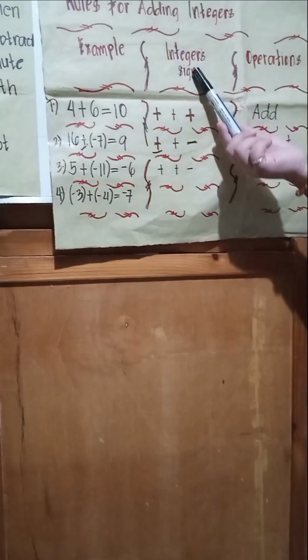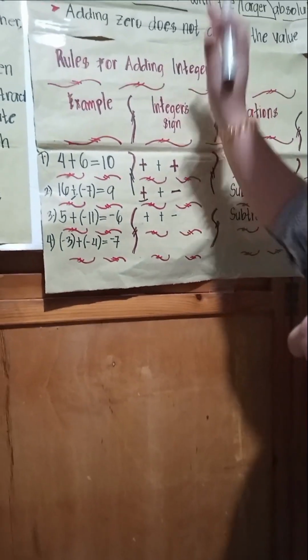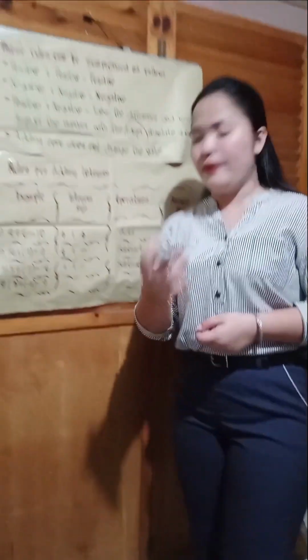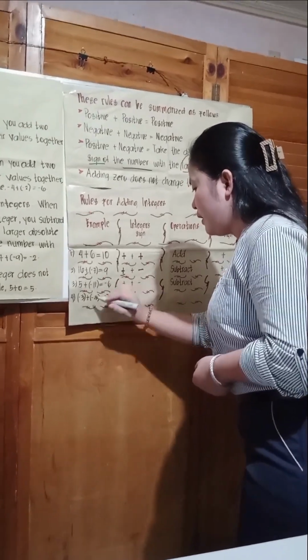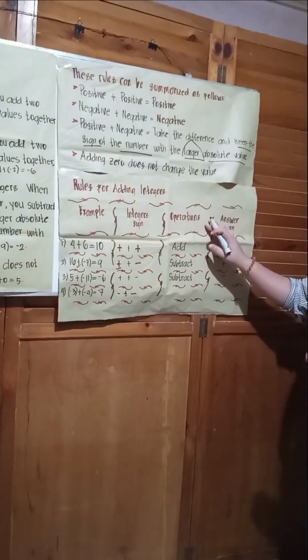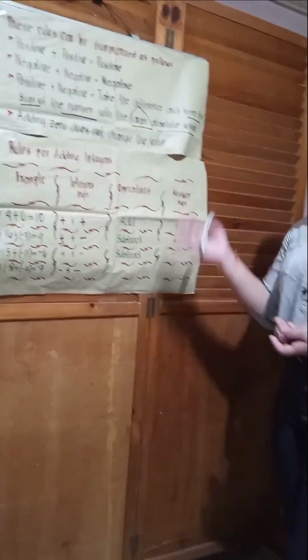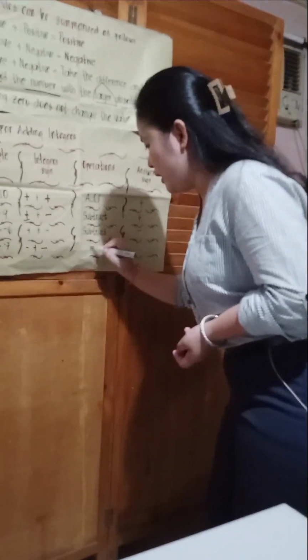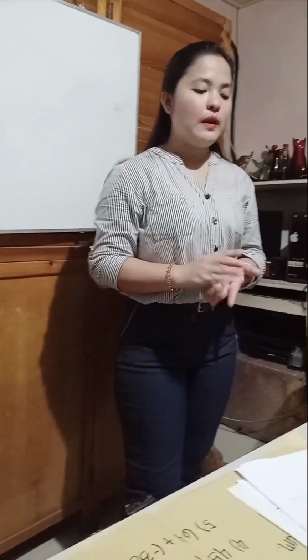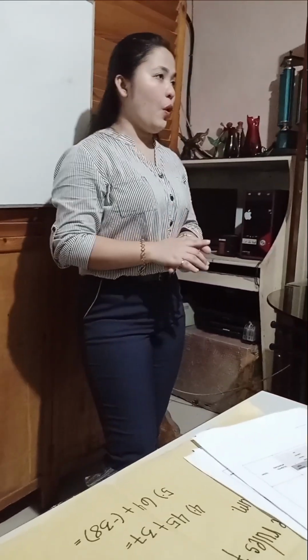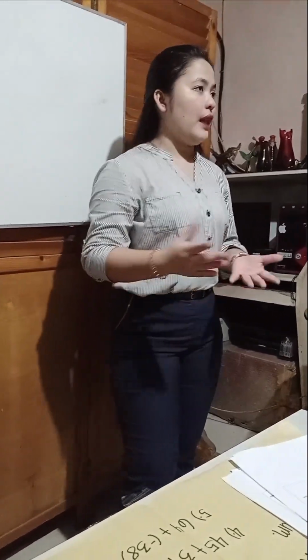Para di malito, copy mo lang yung sign nila. Then, integer sign. What are the integers? Okay, anyone? Okay, Miss B? Very good. Negative and negative. Here, operations. Okay, Miss B? Okay, very good. Addition. And the answer sign is, okay, negative. So it's important to remember these rules when adding integers to ensure accurate calculations.